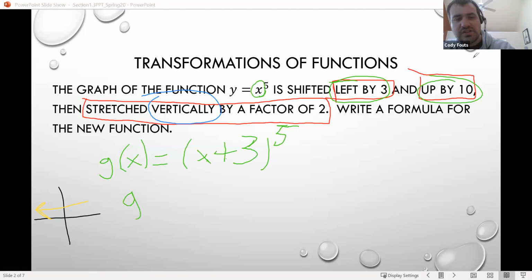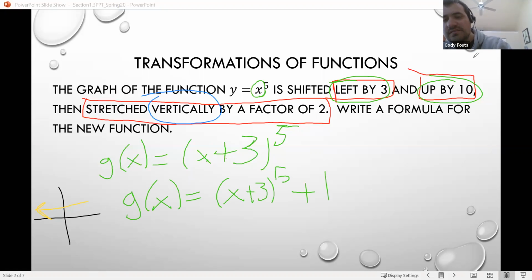So how that's going to change here is we're going to have g of x equals, we have x plus 3 raised to the 5th. And then because we're going up by 10, that happens on the outside, we're going to add 10 on the outside of our function here. Something like this, g of x equals x plus 3 to the 5th plus 10.